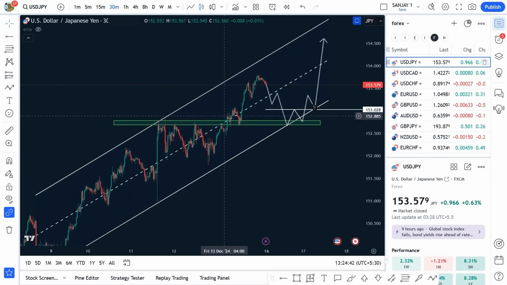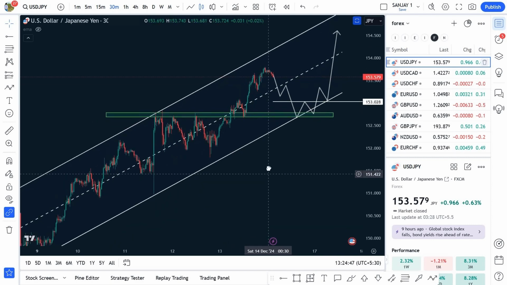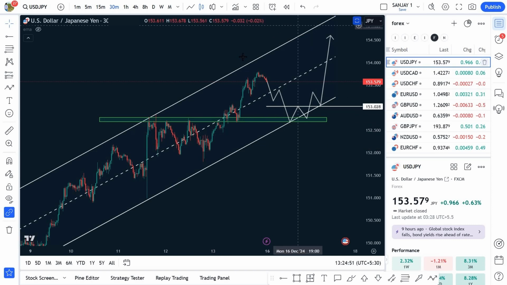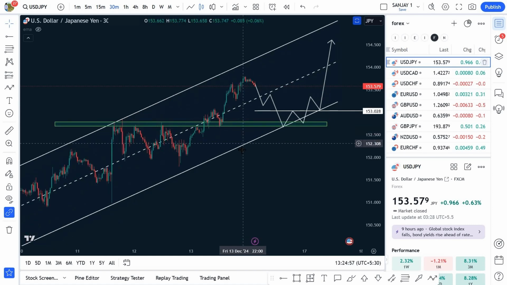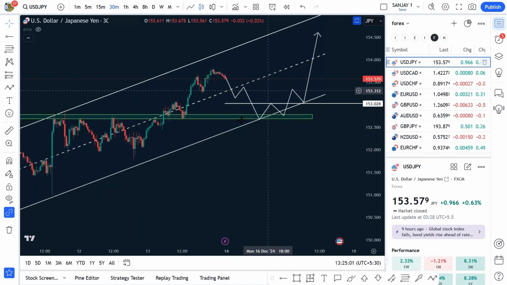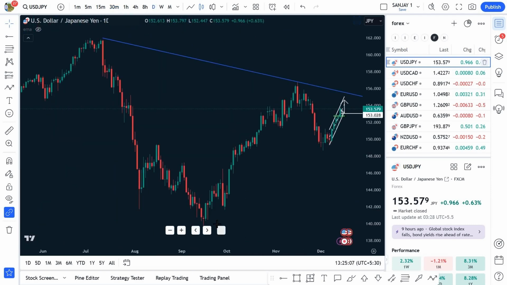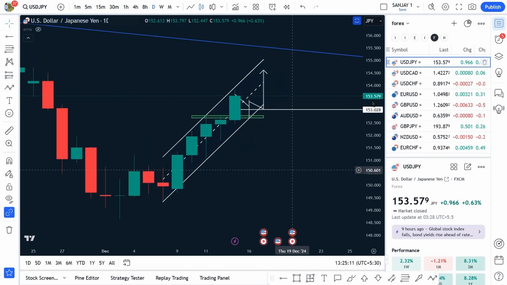Okay, so this is my plan for USD JPY. Of course we have to confirm it with further market action, but it does not have any near possibilities as of now. We need more price action to take entry in this one. So moving ahead, USD JPY is not suitable as of now to trade in.